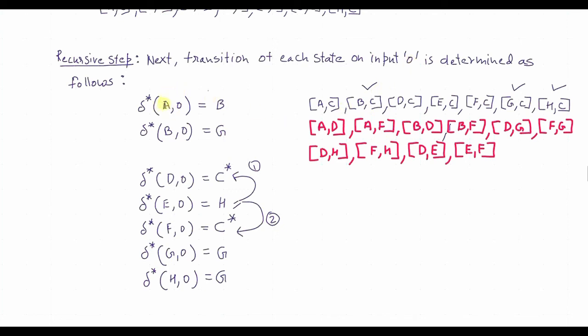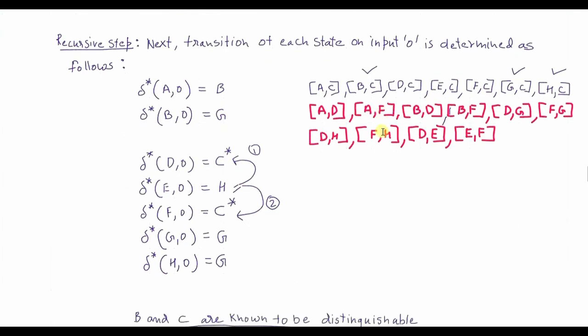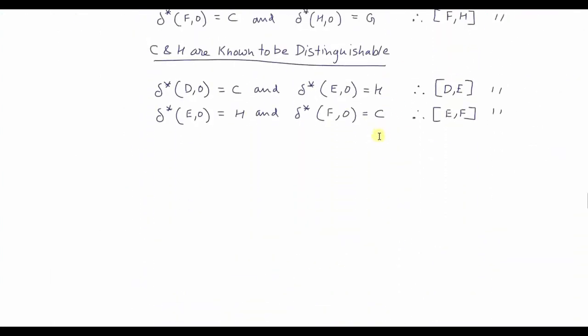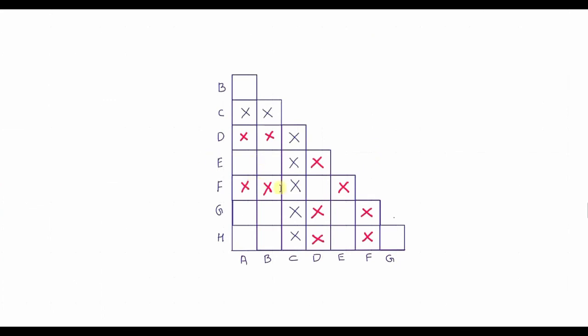So what we have done, each state was considered with respect to 0 except the final state. C was the final state, so we did not see. And based on this combination, we found these new states. I have used red color for that, and in the table we mark those states.